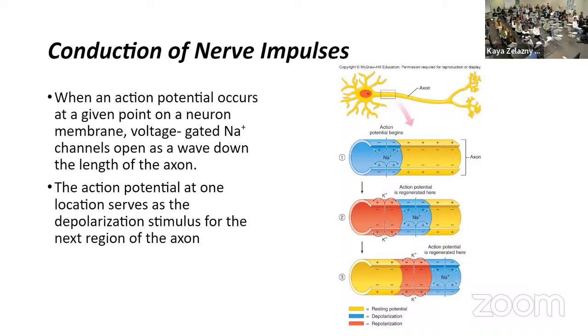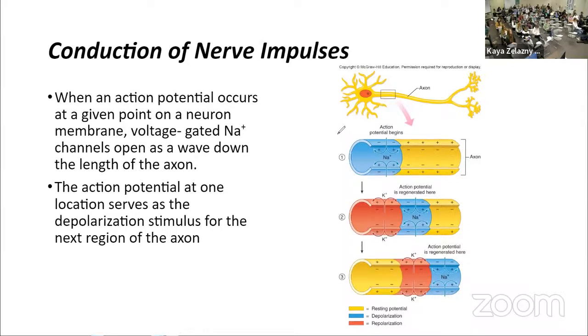So when this action potential happens at any point in the membrane, starting out at that axon hillock and then the first parts of the axon, we're zooming in here. When we have an action potential begin just in this patch of membrane, sodium ions are flowing into that part of our cell.